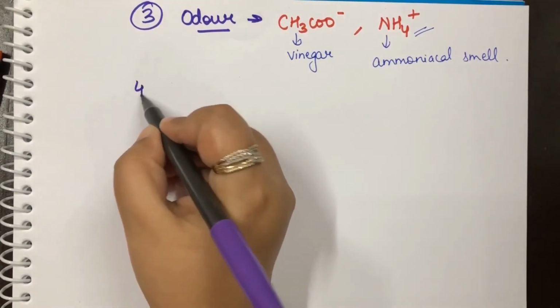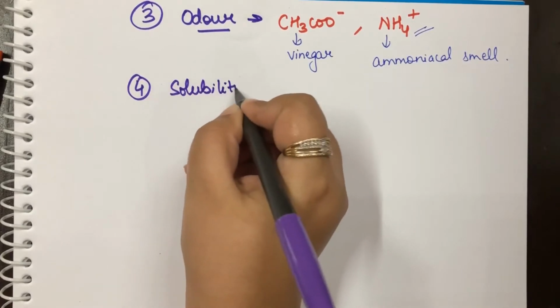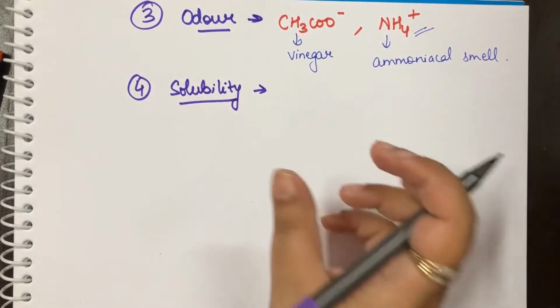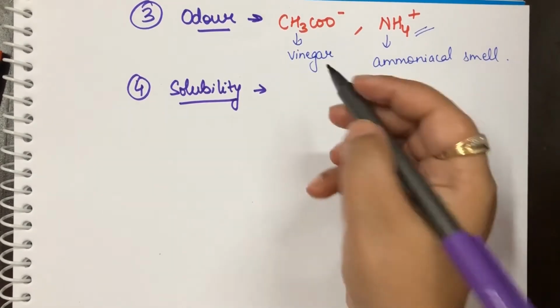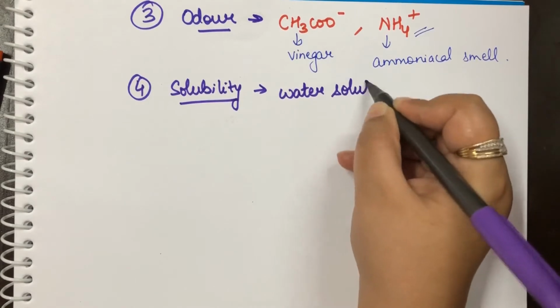The next test is your solubility test. Now solubility in where? Solubility in water. So again, as per the CBSE curriculum, we only have water soluble salts in our syllabus.